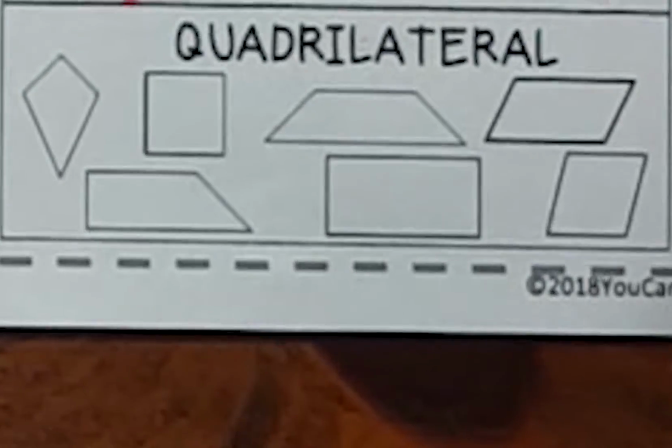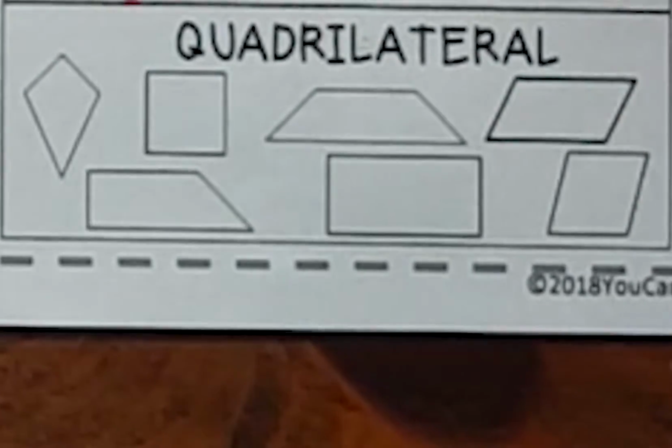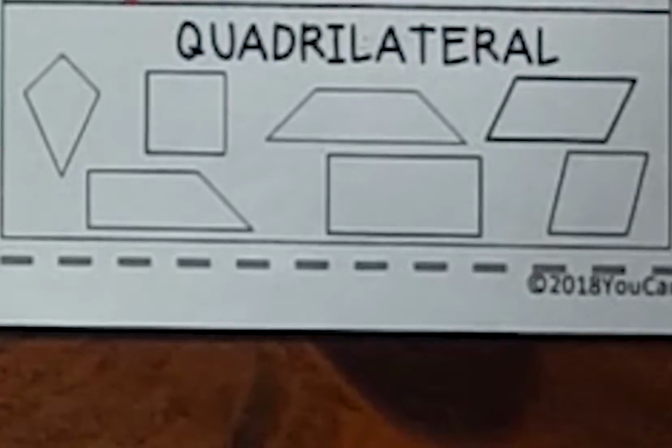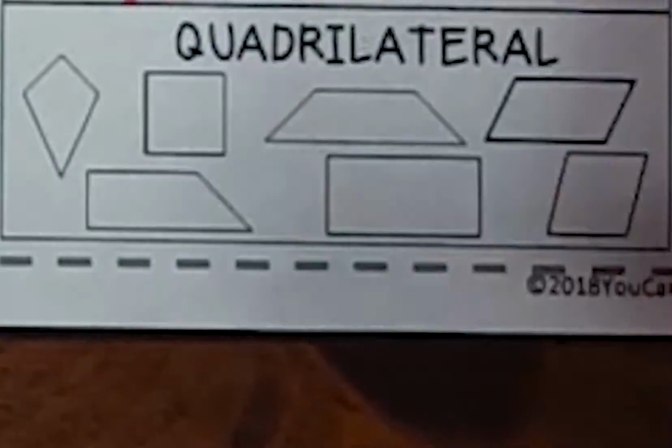Do you remember what has to happen with the sides for a shape to be a quadrilateral? A shape has to have 4 sides to be a quadrilateral. Did you know that all of these shapes are part of a quadrilateral family? They all have different attributes that make them special, but they all belong to the quadrilateral family because they all are polygons with 4 sides.